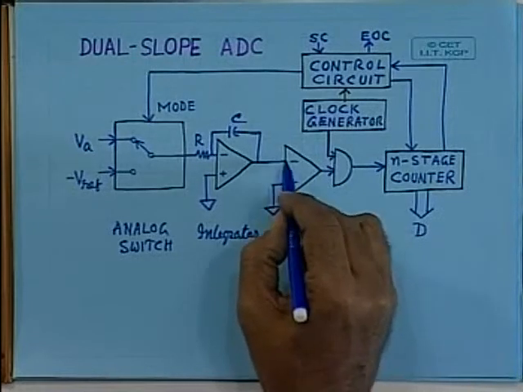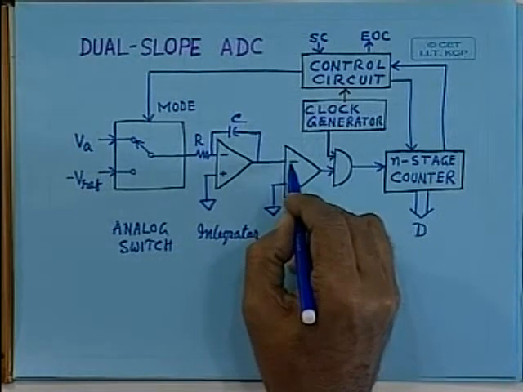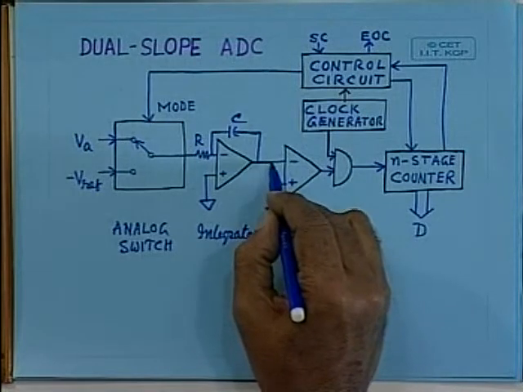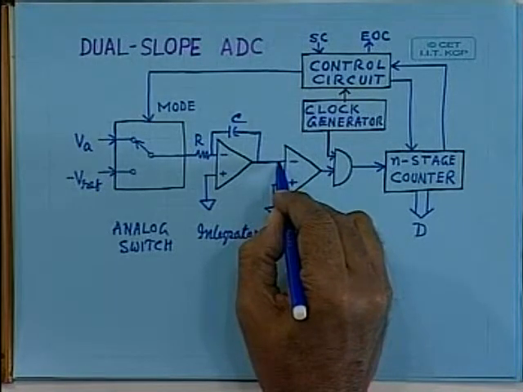If this is the negative input and this is the positive input, and the voltage on the negative input is higher than this, then the output will be 0. On the other hand, if this input is lesser than this, the output will be 1. So depending on the relative voltage levels at these two inputs, the output can be either digital 0 or digital 1.